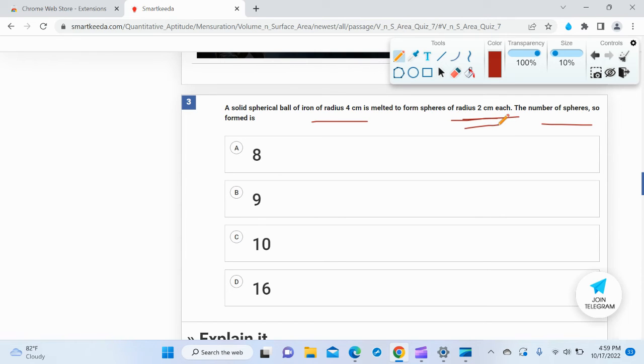How many such balls will we be able to form from this 4 centimeter ball? The simple solution to this kind of question is to divide the volume of the big ball by the volume of a small ball. The big ball means the actual ball, and the small ball means the ball created after melting.